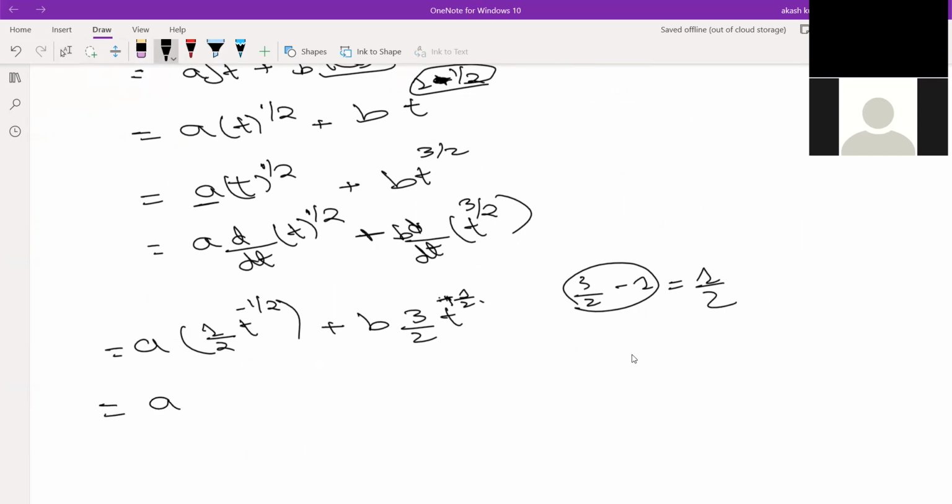So it will be a half a and square root t plus 3 over 2 b, and it is t half. It's not t minus half.